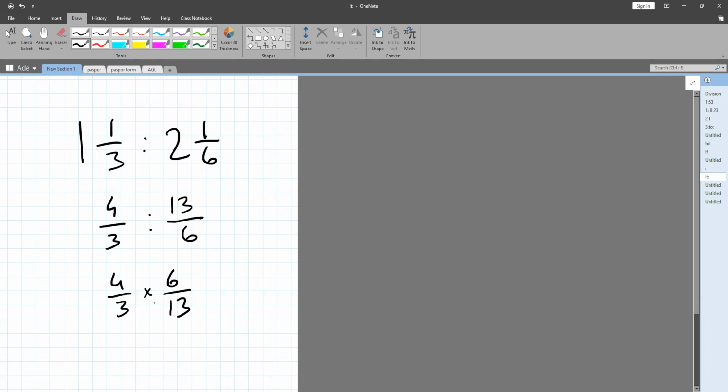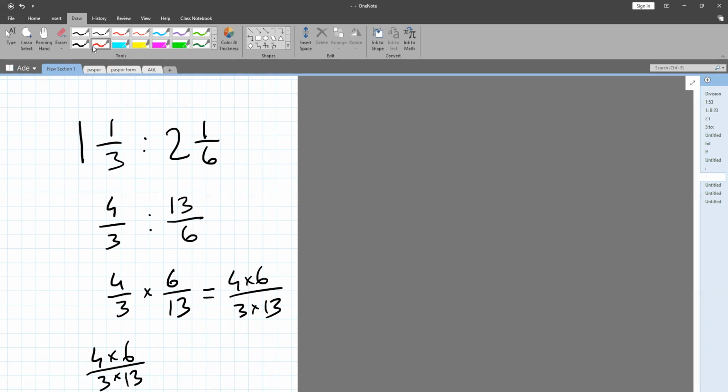So now what you do next is multiply, but you flip this. You flip 13 on 6 and it becomes 6 on 13. Then you multiply, 4 times 6 divided by 3 times 13. You can simplify. We have some numbers that you can divide by the same thing. You see 6 and 3 here.